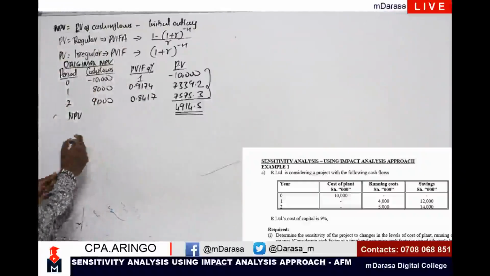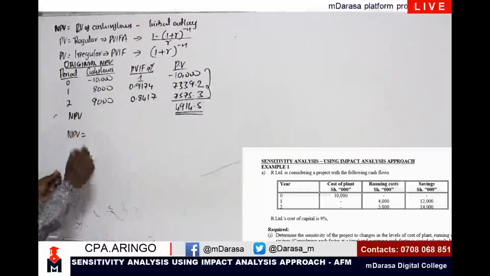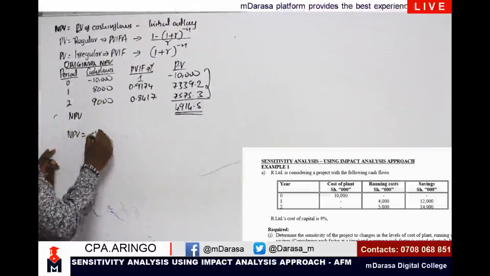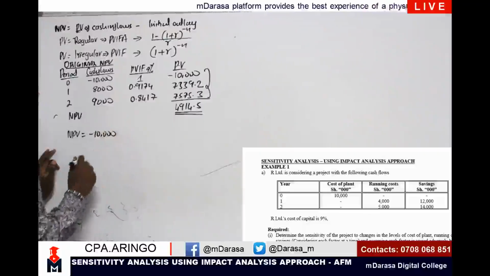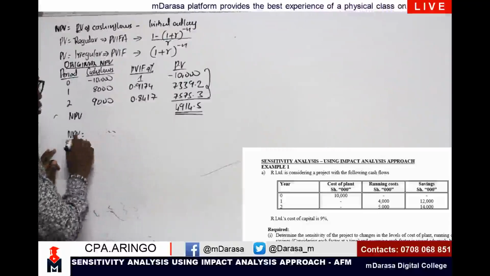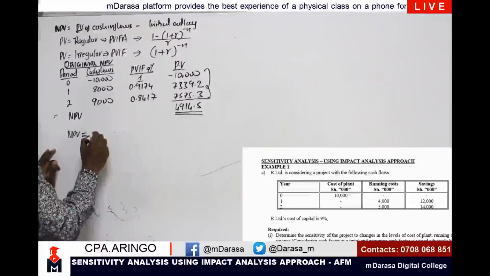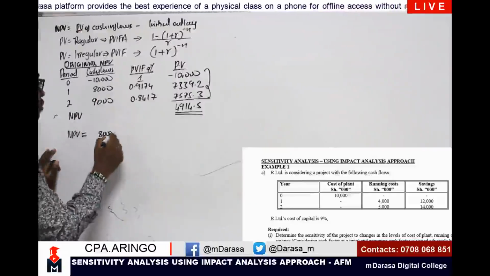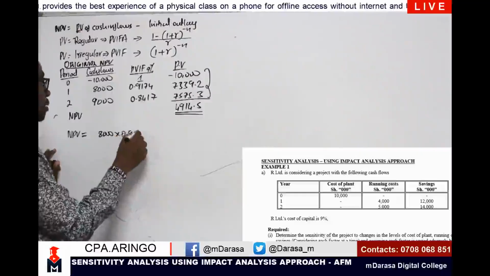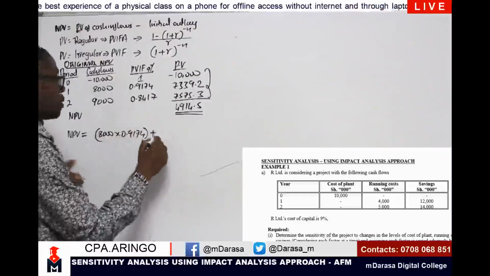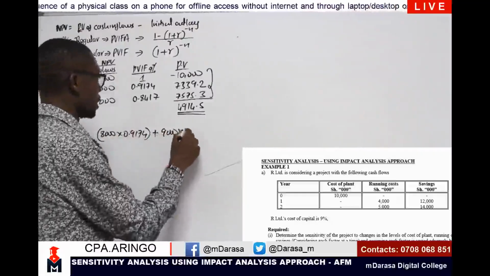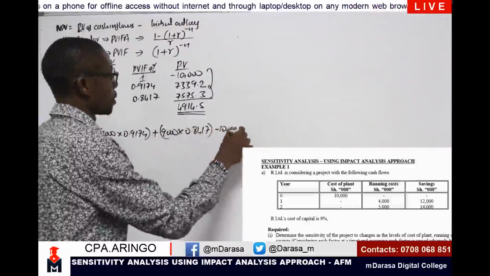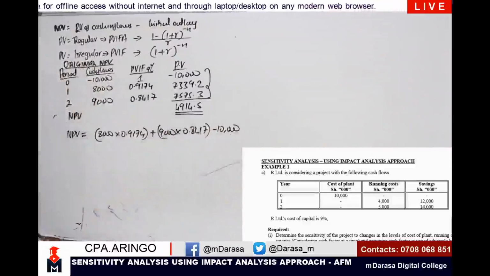Working it directly, you could have taken your initial outlay, negative 10,000, plus 8,000 times 0.9174, plus 9,000 times 0.8417. You'll find that it will be exactly the same as what we've determined there.